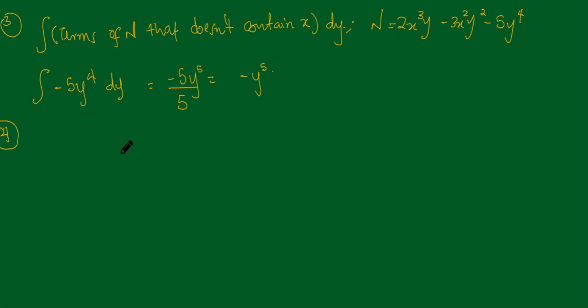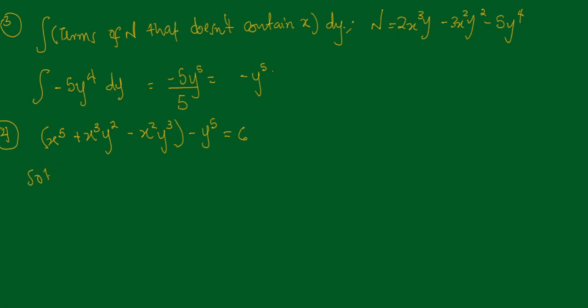The next step is to add the results from steps 2 and 3 and equate it to a constant. So we have x raised to the power of 5 plus x cubed y squared minus x squared y cubed, which is the result we obtained from step 2, minus y raised to the power of 5, which is equal to c.